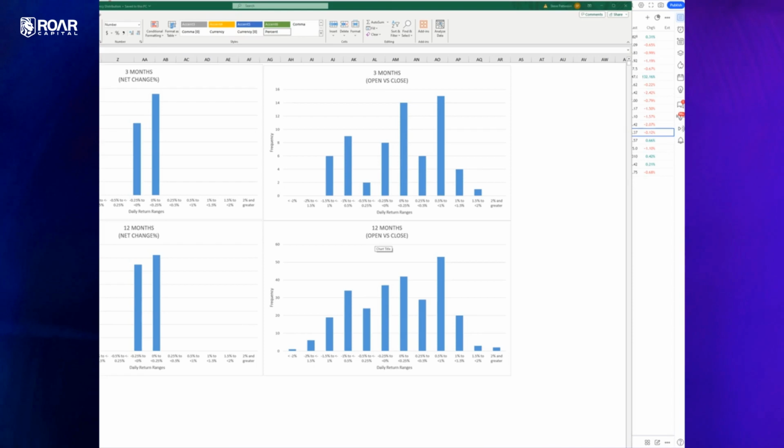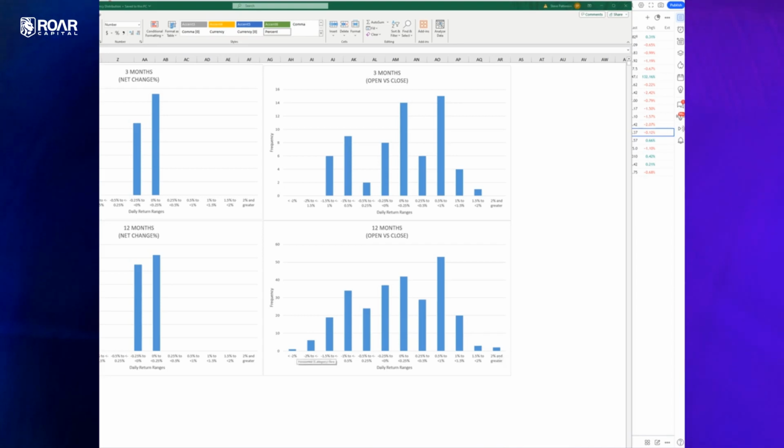You can do this on any stock, on Forex, on anything. Over a 12-month period, you can see how many times the market went higher than 2%. Not a lot, right? There were only 2 times in the last year the market went higher from open to close, 2% or more.